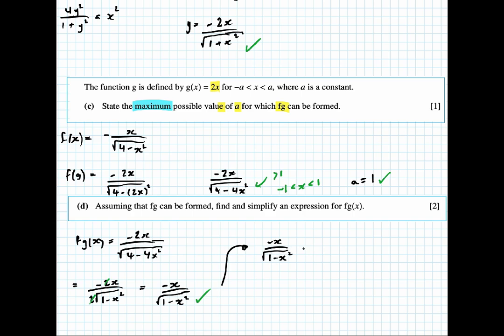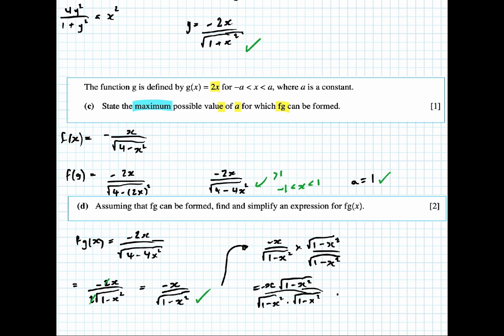You could also, more elaborately, get rid of the square root on the denominator by rationalizing the denominator. Let's have a look at that. 1 minus x squared for both of them. And when you've multiplied that out, you'll be able to cancel the top and bottom part. So minus x root 1 minus x squared over 1 minus x squared.